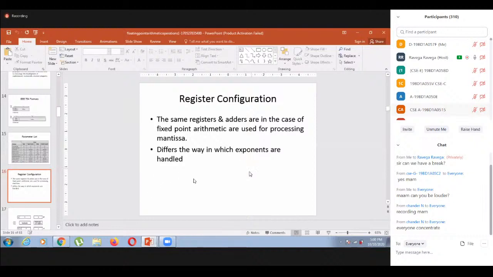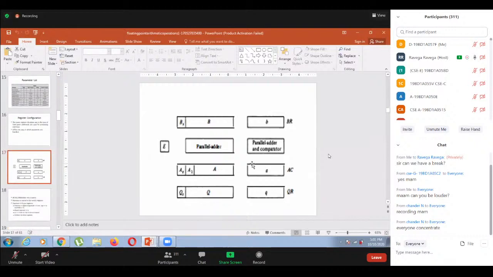The fixed point arithmetic used for processing the mantissa is the same in the floating point operations.